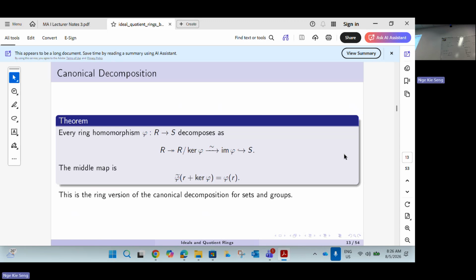Sorry, so we cannot have a quotient set, right? No, we are not doing a quotient set, but we are quotienting elements that have the same image. We have equivalence classes for elements that have the same image. So this is what the quotient includes. And those that have the same image, we send them to the center.